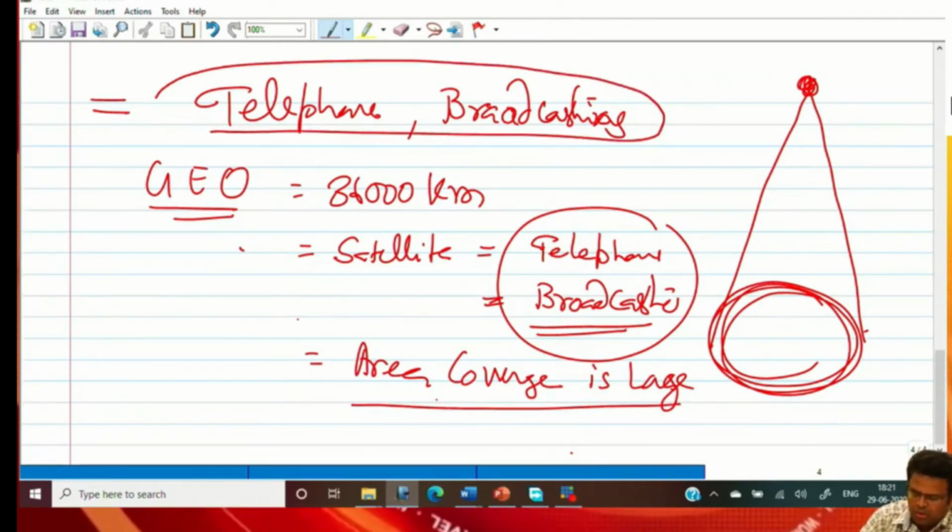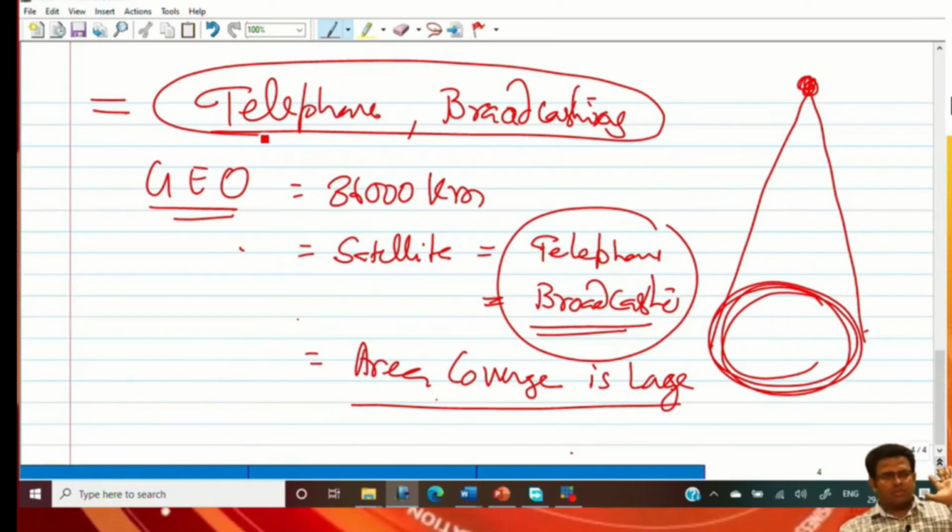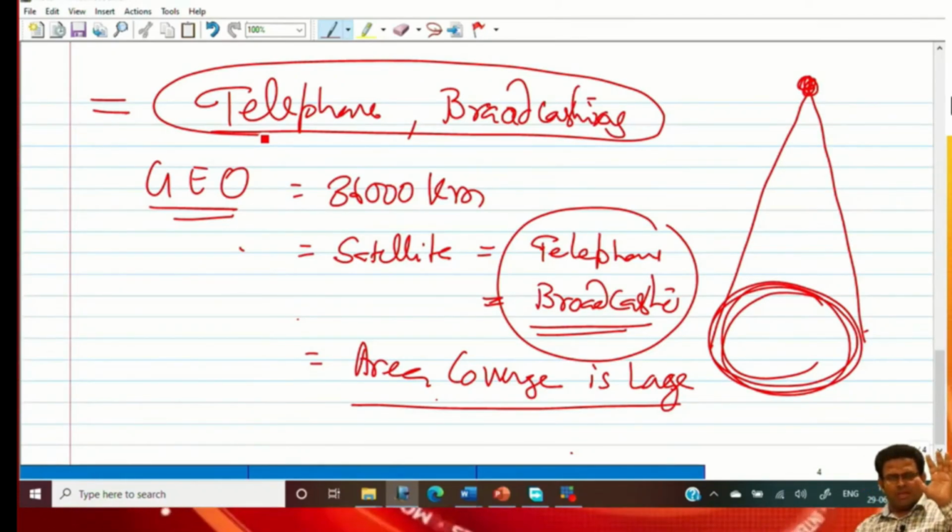So we have been able to understand that to establish any telephonic services and all these related things, it should be established at a 36,000 kilometer height.